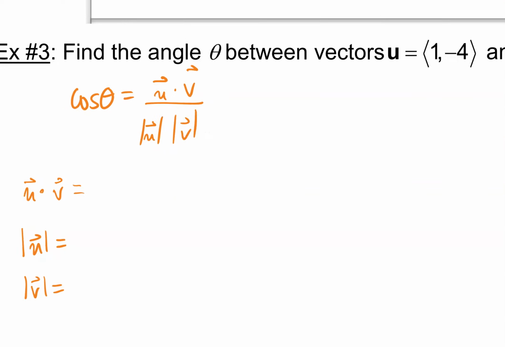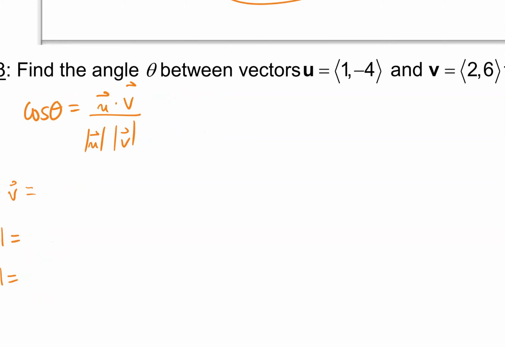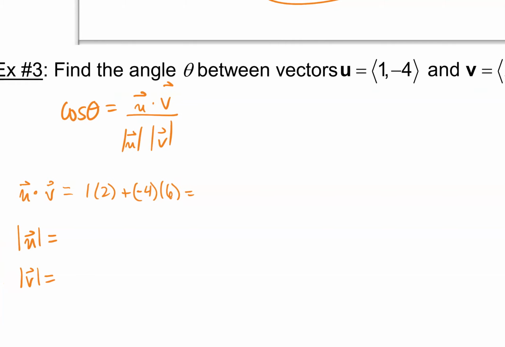Now remember the dot product: we take our x's and multiply them. So 1 times 2 plus -4 times 6. That's 2 minus 24, which is -22. The magnitude of U is the square root of 1 squared plus -4 squared, so the square root of 17.